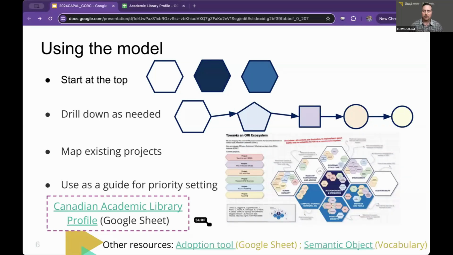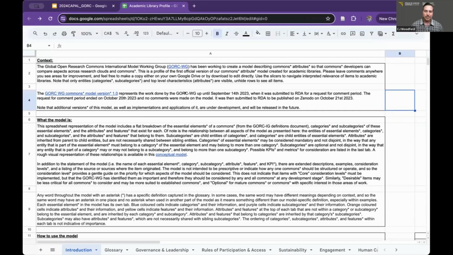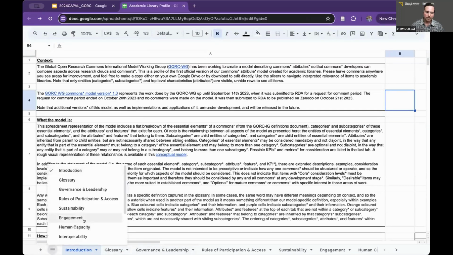There's also an adoption tool and a semantic object if you're interested in those. Looking at the profile that we have for you, when you open it, it'll look like a wall of text because, of course, there needs to be an introduction. But essentially, this says a lot of what I already said. You have a glossary, and then you'll have tabs that tell you about each essential element.